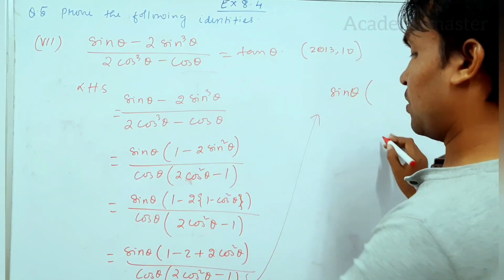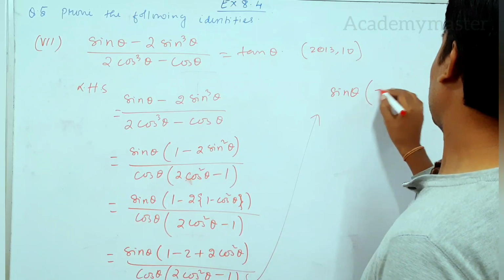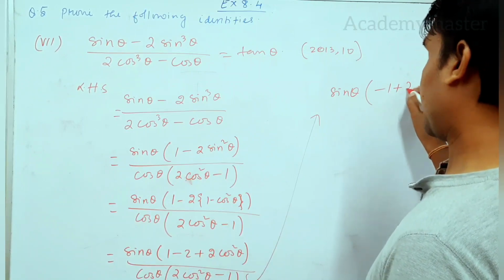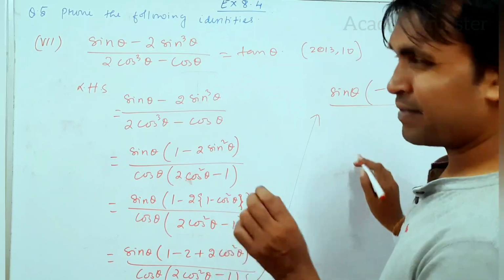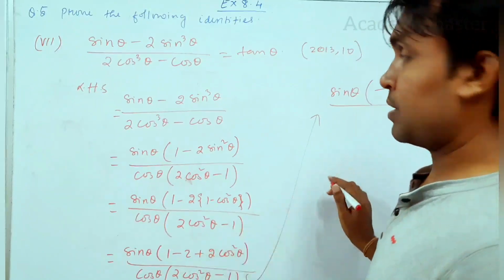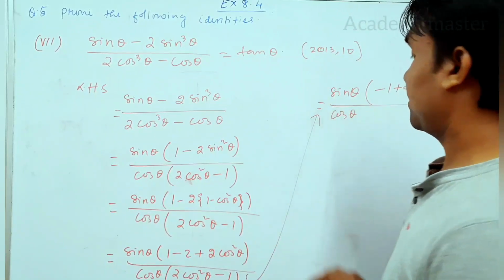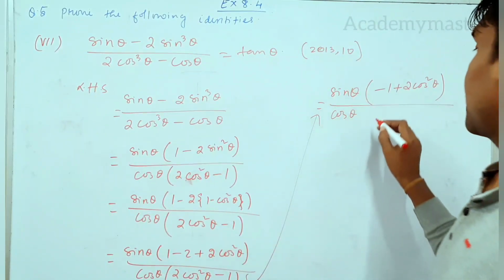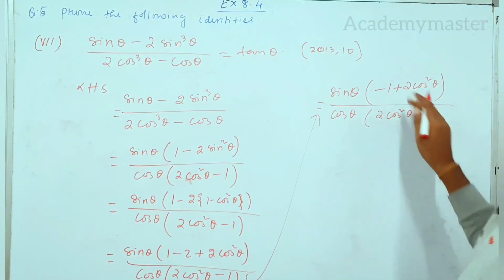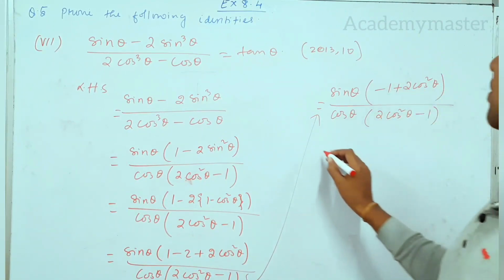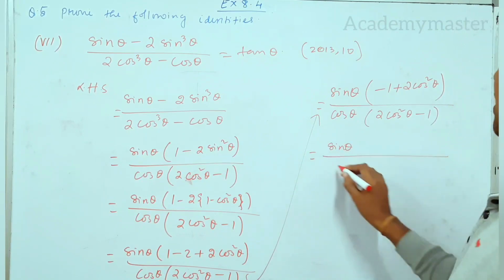Now here it is minus 2 plus 1 minus 2, so it will be minus 1 plus 2 cos square theta, over cos theta into 2 cos square theta minus 1. I'm writing every step, okay? I'm not skipping even one step, so that there should not be any confusion for you to understand. If I want, I can skip these steps also, but you may get confused. That's why I have written it.